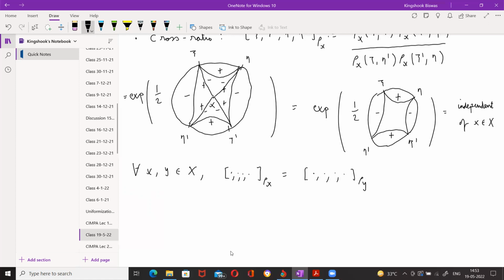And so therefore there is a canonical cross ratio, independent of choice of visual metric, on boundary X. Okay. Is this clear?